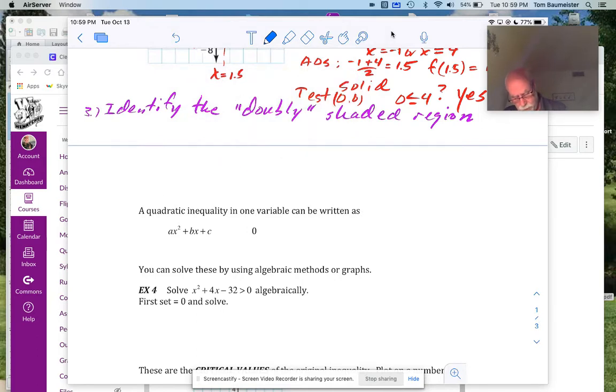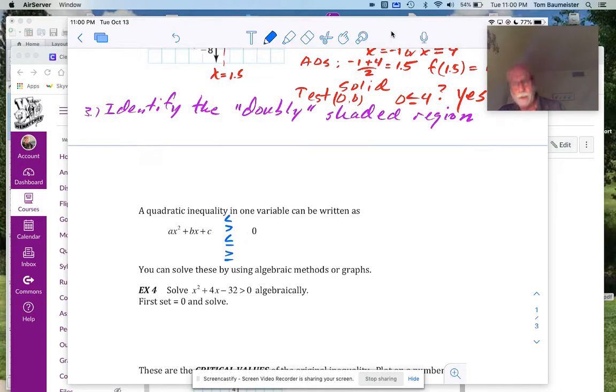Our 4 choices are less than 0, greater than 0, less than or equal to 0, or greater than or equal to 0. And again, you can solve these by using algebraic methods or graphs.